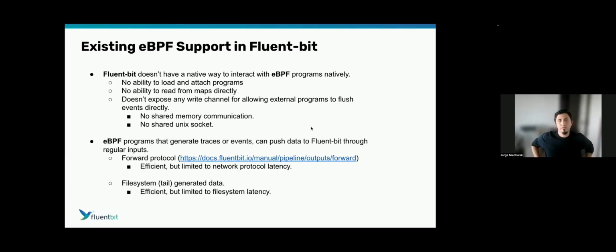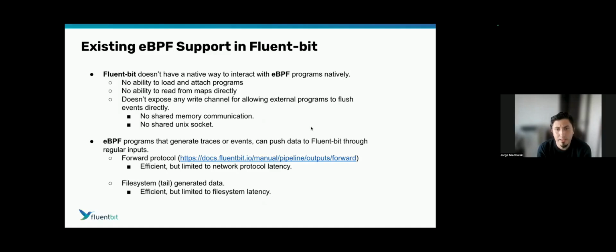There's no ability to load and attach programs natively from Fluent Bit. There's no ability to hook in from a map directly in Fluent Bit. And Fluent Bit doesn't expose any performant write channel either, right? So there is no shared memory communication that an external program can use to push information into. There is no shared Unix socket that a program can use to send data, etc.